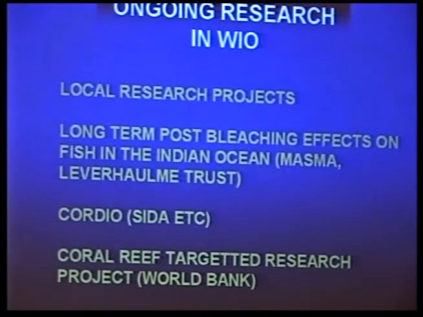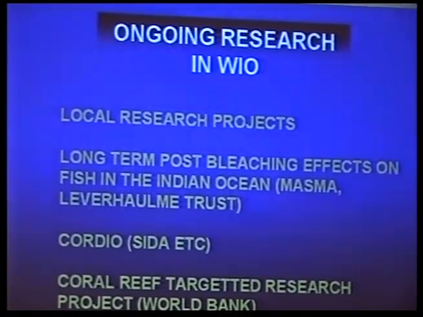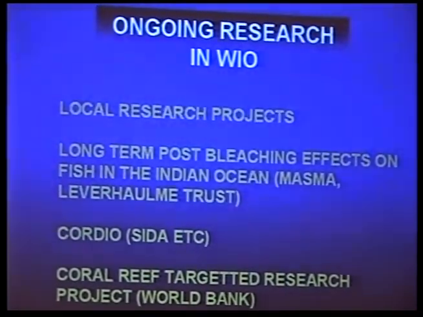Looking at the ongoing research in the Western Indian Ocean, and listening to the various talks through this conference, apparently there are a lot of research projects in South Africa, Mozambique, Kenya, Mauritius, and so forth, related to various aspects of coral bleaching. I mentioned the study of post-bleaching effects on fish in the Indian Ocean.